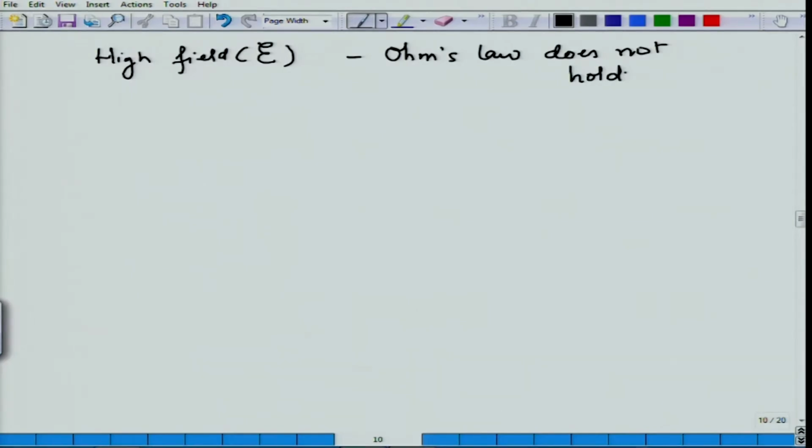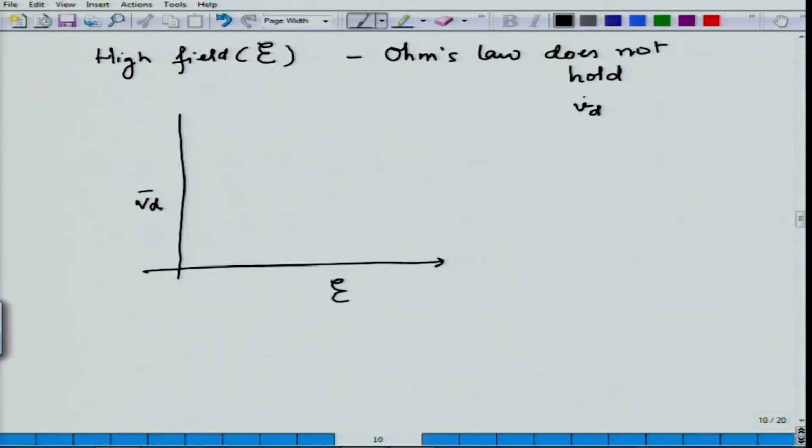Which means, if I plot the drift velocity in a semiconductor, let us say in silicon, as a function of electric field, then from my earlier discussion, the drift velocity is nothing but mobility times the electric field, and that is expected to be linear in nature.